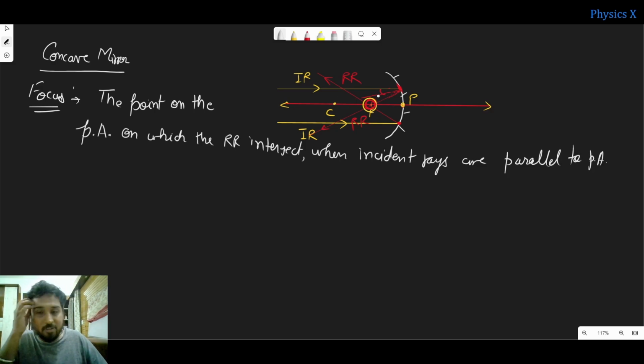So whenever these rays are parallel to this principal axis, the point where they will be meeting is called the focus point.